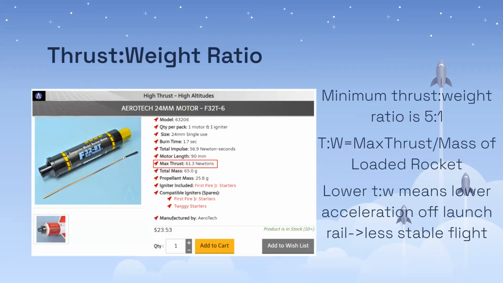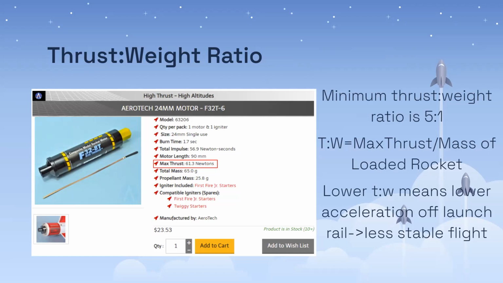So motors have a thrust to weight ratio, and this is important because this affects the stability of the flight. So if we think about it, the motor's maximum thrust is kind of like the horsepower in a car.